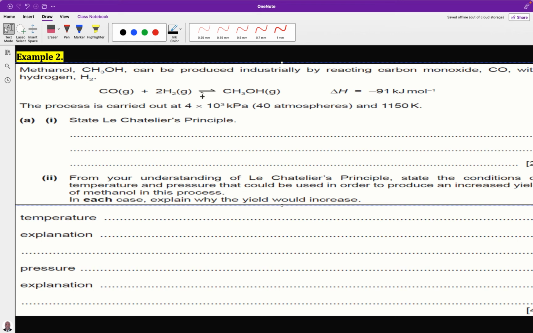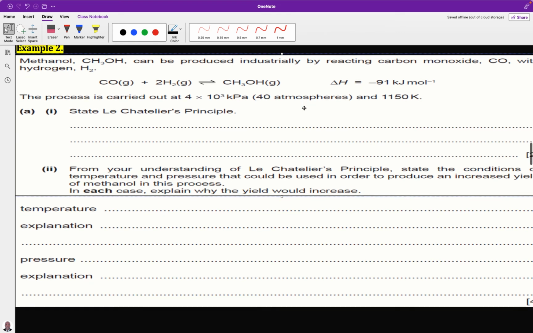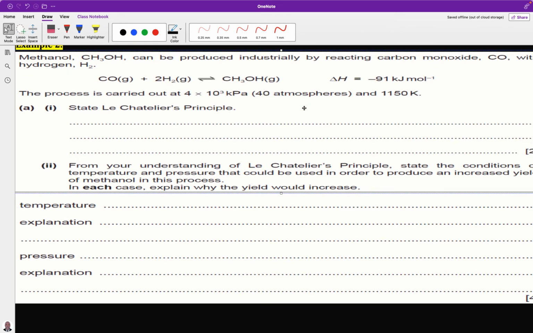This is the reaction here: carbon monoxide and hydrogen to give methanol. It is an exothermic reaction. The process is carried out at 4 times 10 to the power 3 kilopascal, that's 40 atmospheres, and 1150 Kelvin. A. State Le Chatelier's principle.